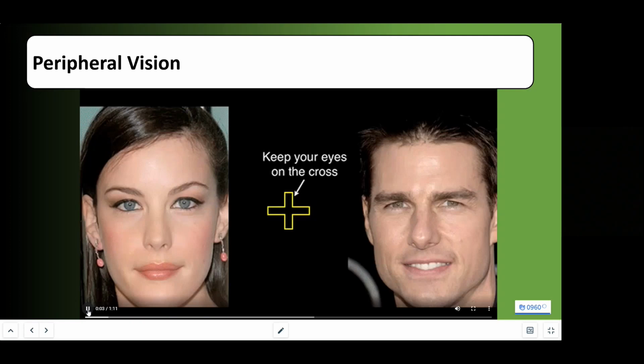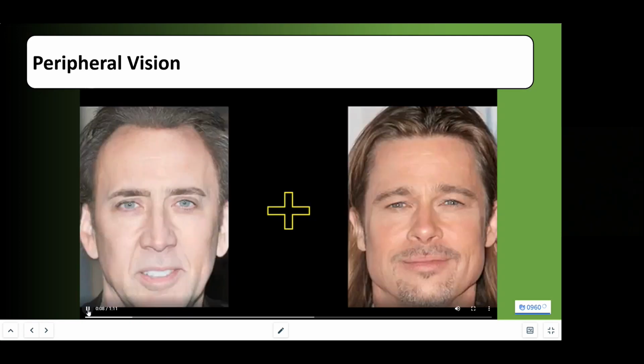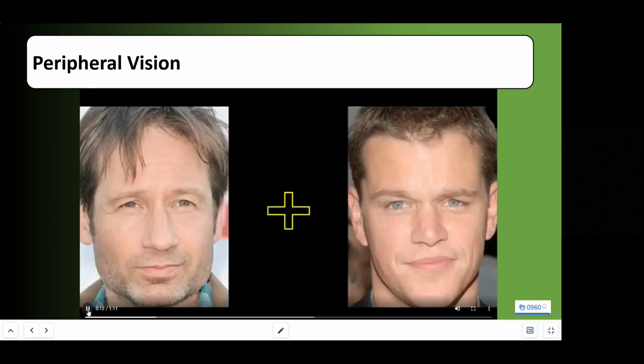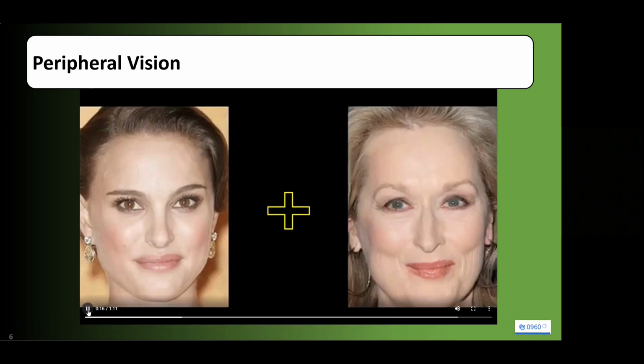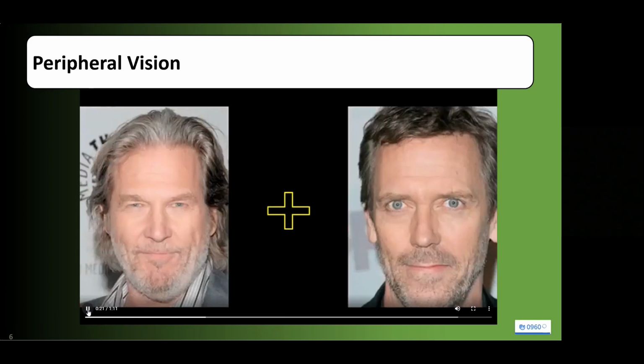So start up here in just a second. And you are looking at the cross in the middle. And as you're looking at the celebrities, you're thinking their eyes don't look right. Their nose or their mouth, they just don't look right on that. They look a little bit funny. They look distorted. This is because you're looking directly at the cross, okay?